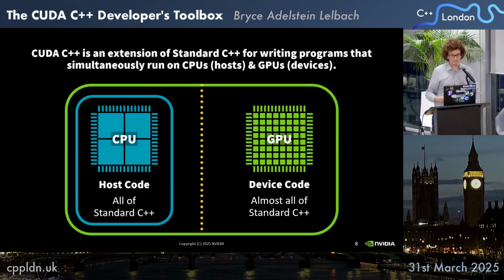And in device code, most but not all of standard C++ is supported today. For example, today you can't throw exceptions. There are some restrictions about how host code and device code can interact. For example, a variable on the stack in device code can't be accessed by host code.